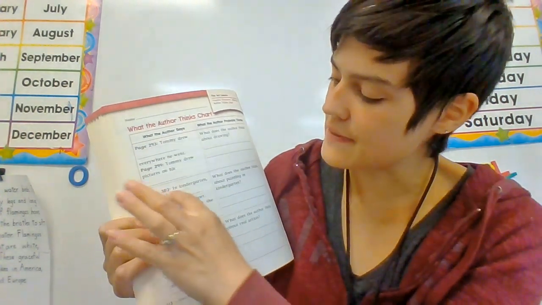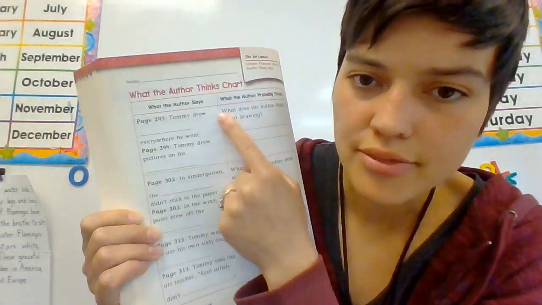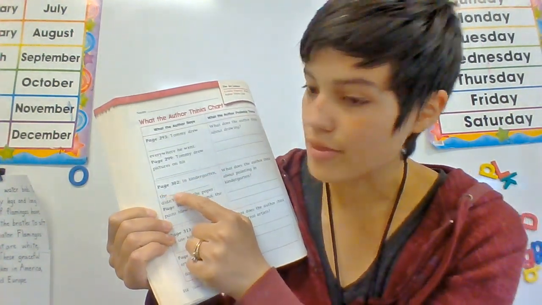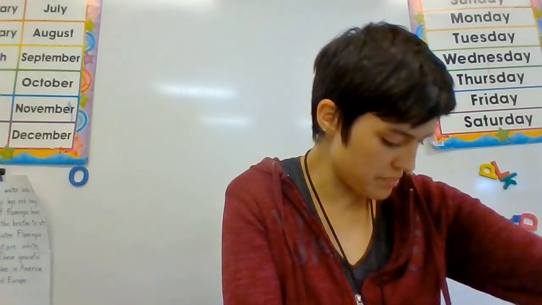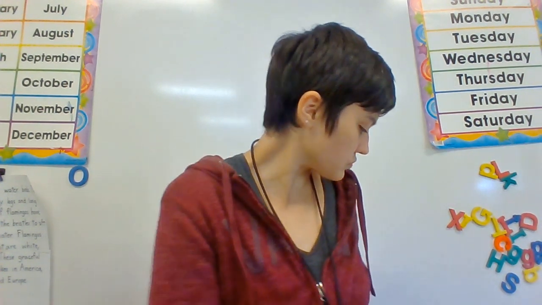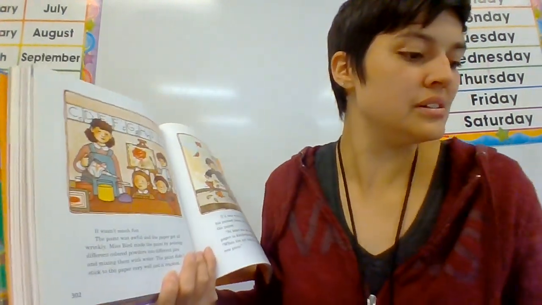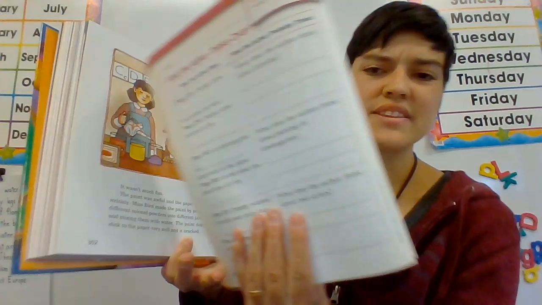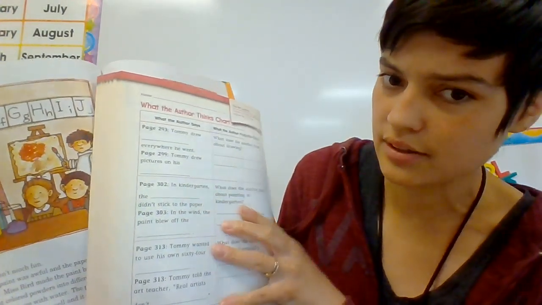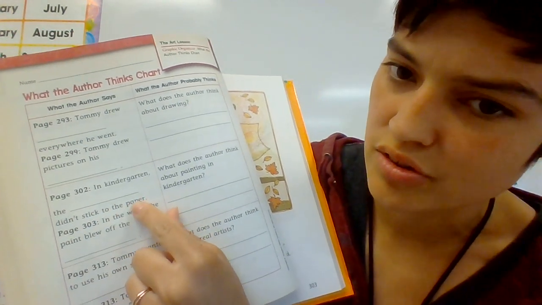Okay, now we're going to look at this section. Let's look at what the author says on page 302. In kindergarten, the blank, so page 302, so let's read that again. Page 302, in kindergarten, the blank didn't stick to the paper.